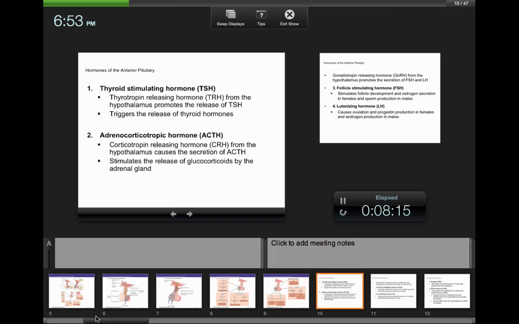So, what are some of the diseases associated with that? That would be hypo or hyperthyroidism. Remember, hypo means too little, hypothyroidism. And hyperthyroidism, too much, excess of T3, T4. We didn't talk about some of the diseases associated with the stress response. In this case, we talked about Cushing's disease.